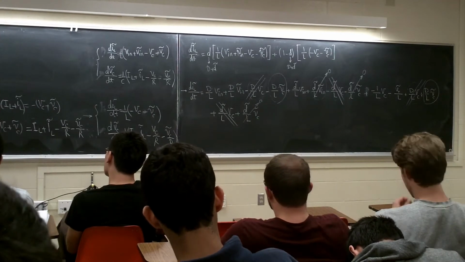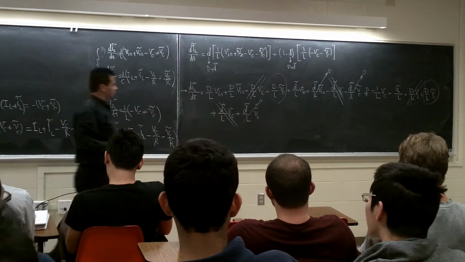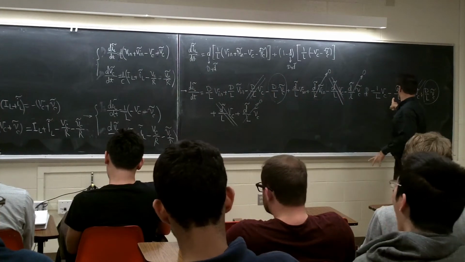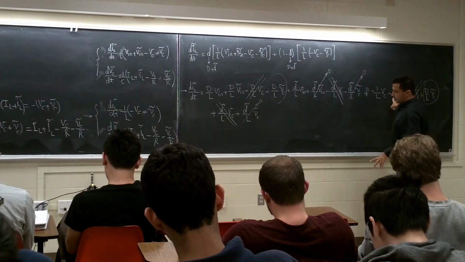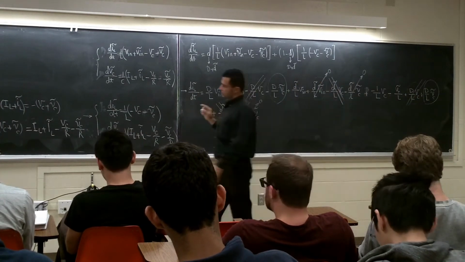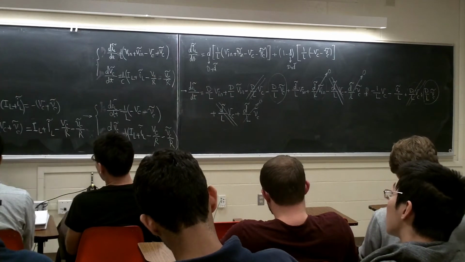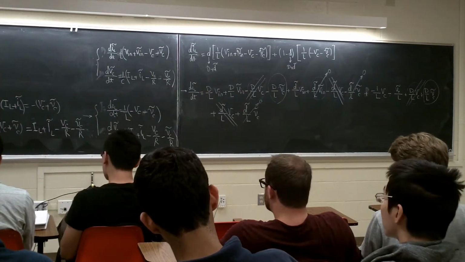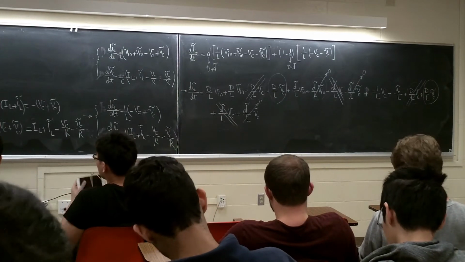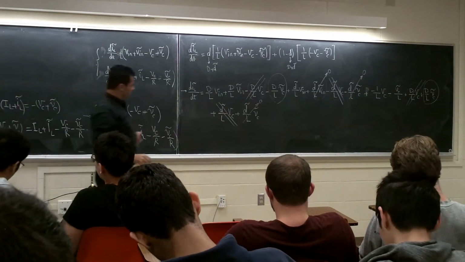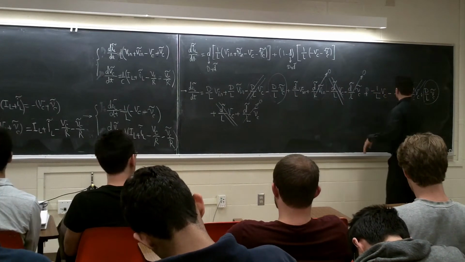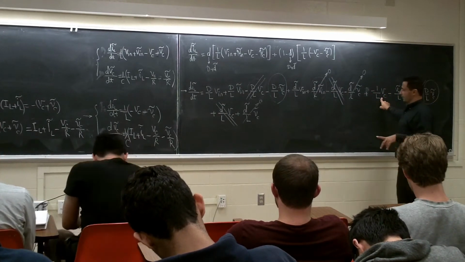Plus. Do we have any Vc tilde? Yes. Which one? You have one here, right? That's it, right? Okay, let's write it down. Now, I wrote this term. Now we need to write the rest of it.